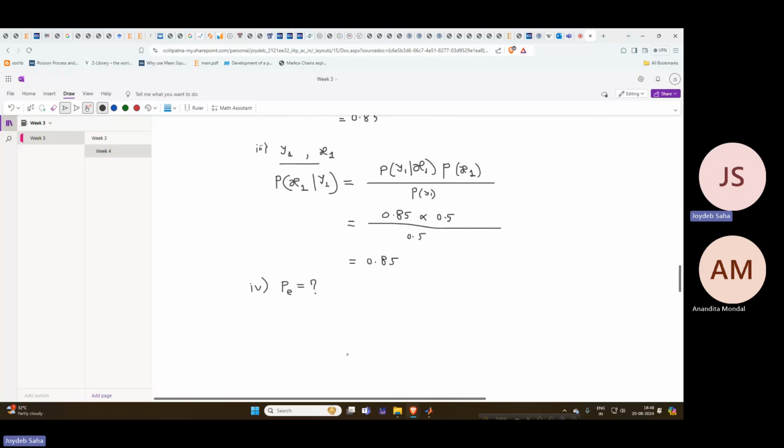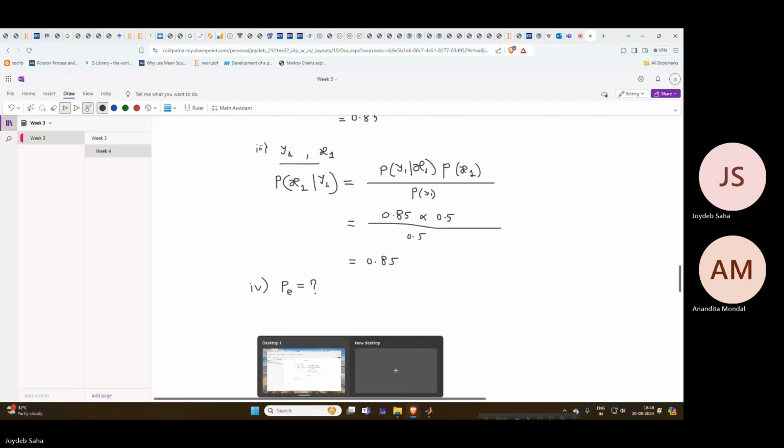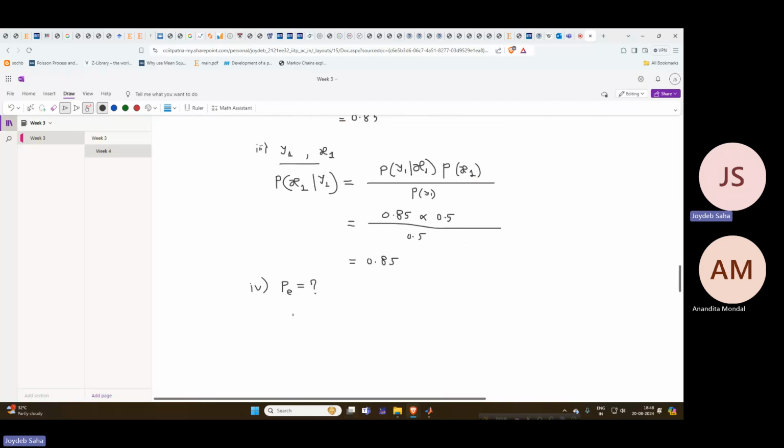We need to know first, right? Error means if output is 1 when input is 0, it may be error. And what can be other thing, that output is 0 when input is 1.